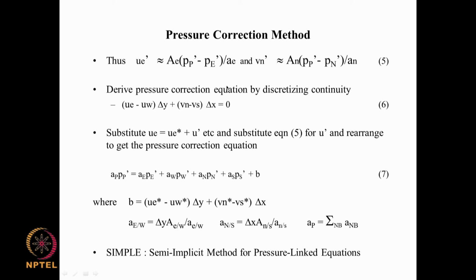and similarly all the v's here can be substituted in terms of the pressure correction differences involving the gradients in the north and south directions here.